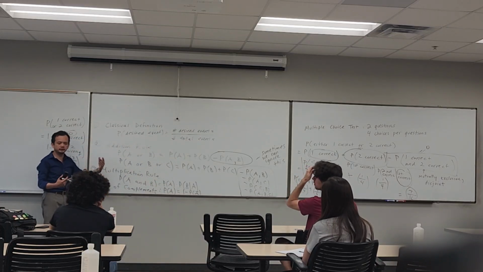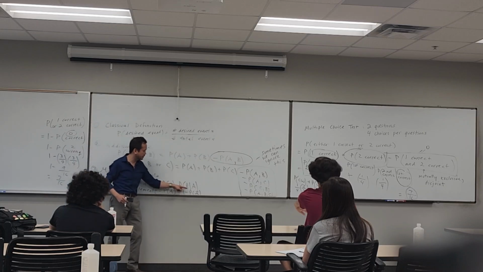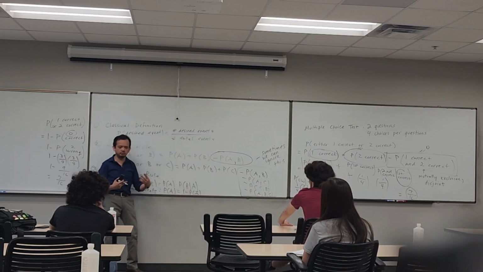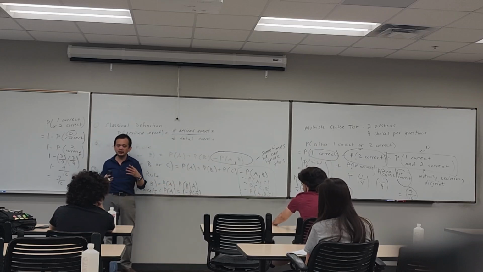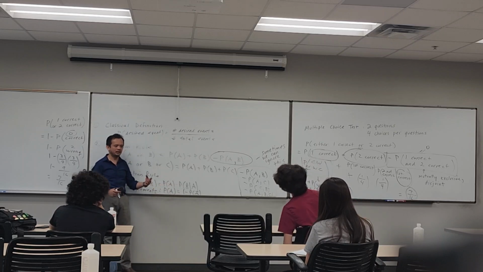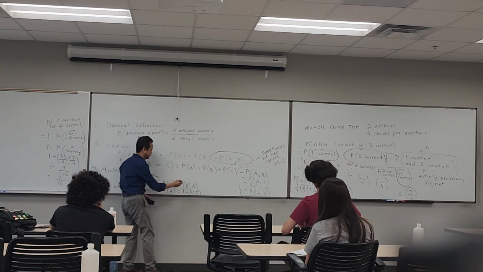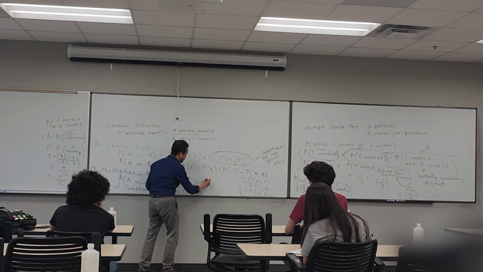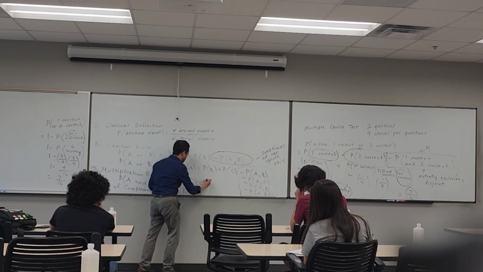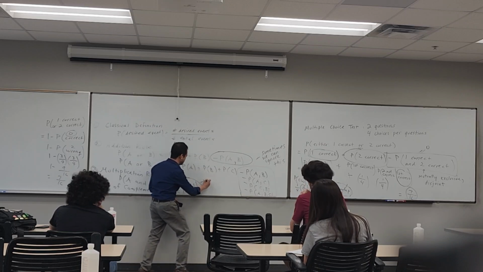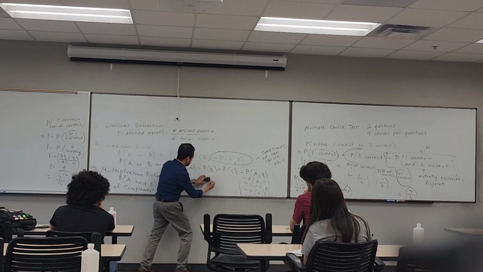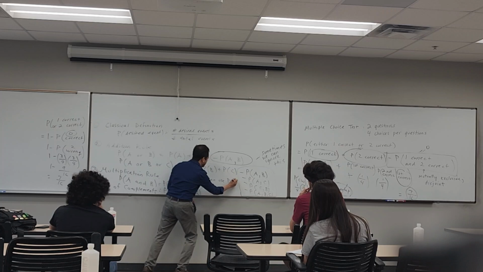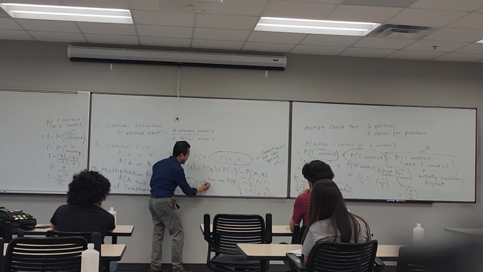For the multiplication rule, you notice that in the general case, most of the time, there's this probability of an event given that the first event occurred, so it's a conditional probability. So it turns out that sometimes you can ignore the conditional probability. If they're independent, then you can ignore this conditional probability. We can use just the probability of B without the condition if A and B are independent.